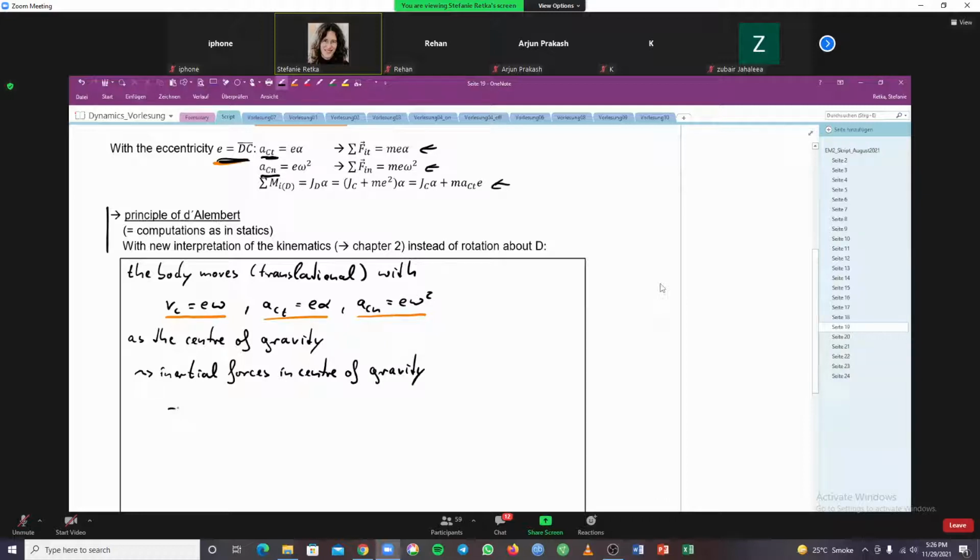Then we have two additional forces compared to our static system. Two additional forces acting in the center of gravity, minus M E alpha and minus M E omega squared, minus since they act opposite to alpha.